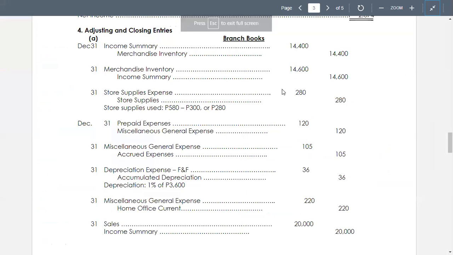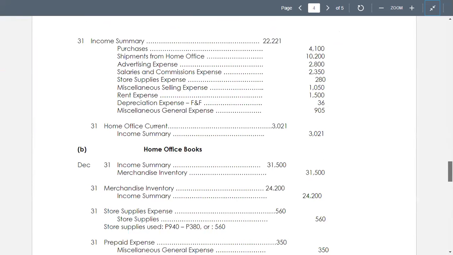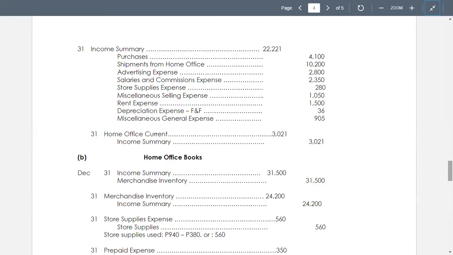So we now have the amount of the loss of the branch before deducting the profit on intercompany inventory. The original loss of the branch is 3,021.